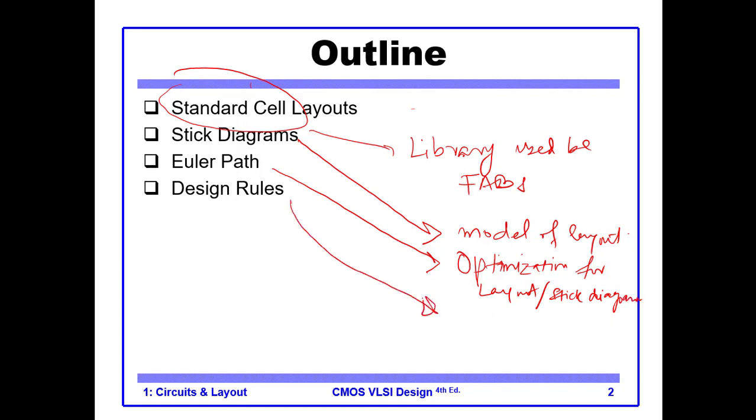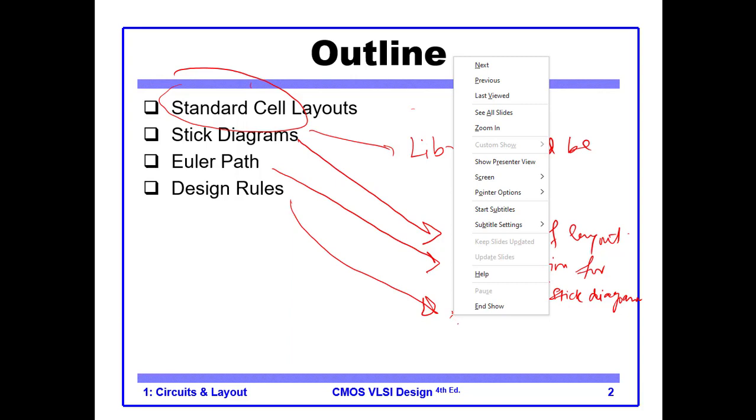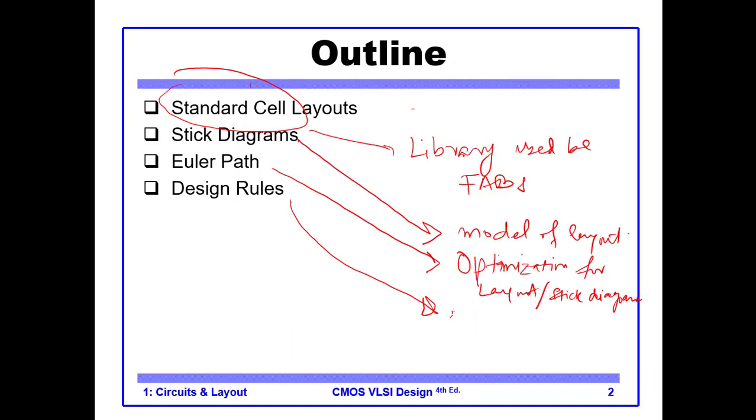Then we have certain design rules which make the layout more reproducible or easy to automate. Layout rules basically pertain to the transistor channel length.